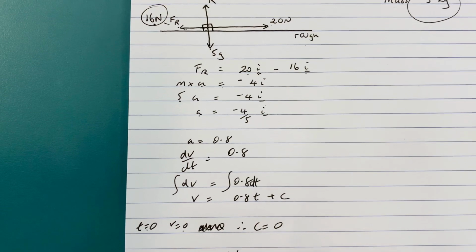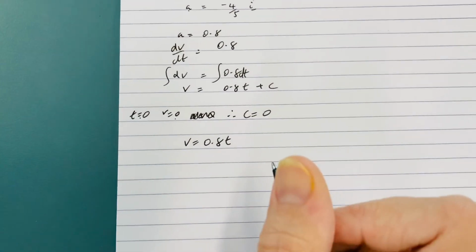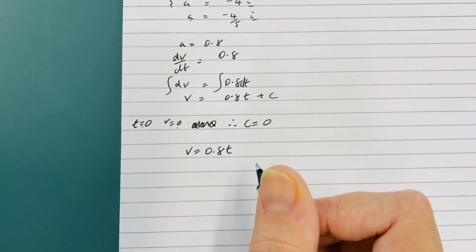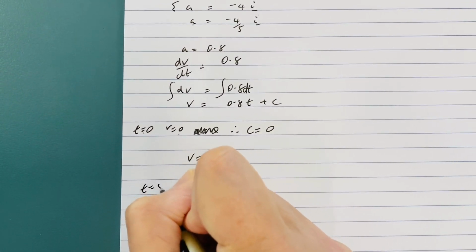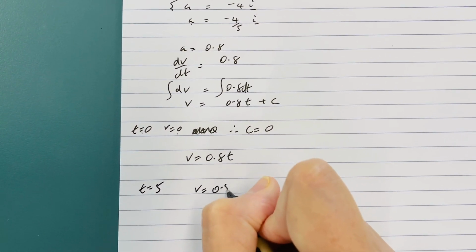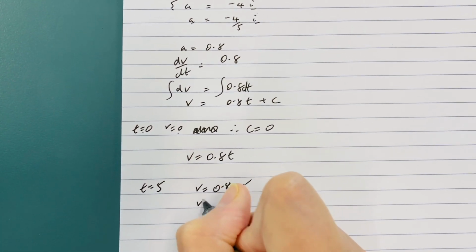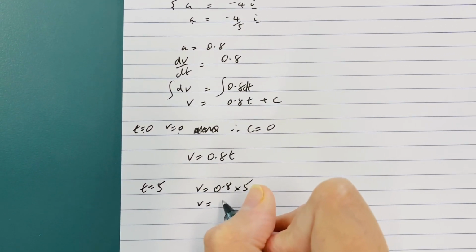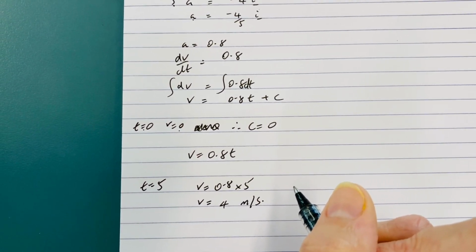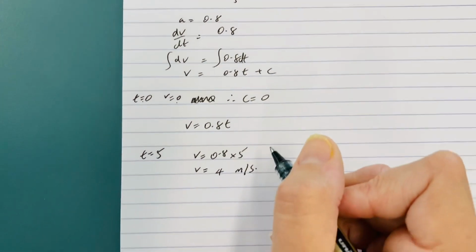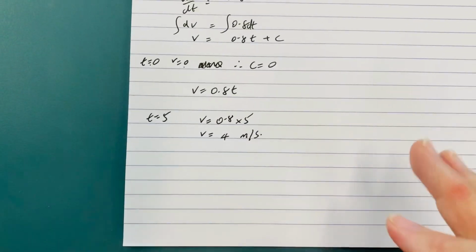So v equals 0.8t. We happy with that? So at t equals 5 seconds, v equals 0.8 times 5, v equals 4 meters per second. So that's after 5 seconds.